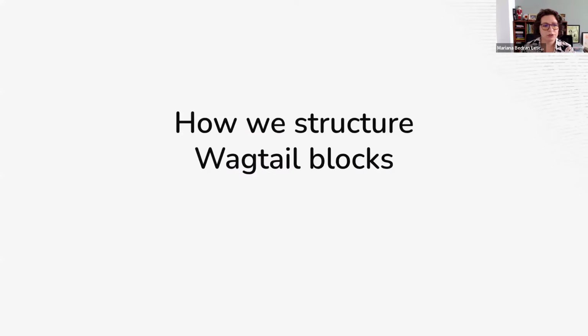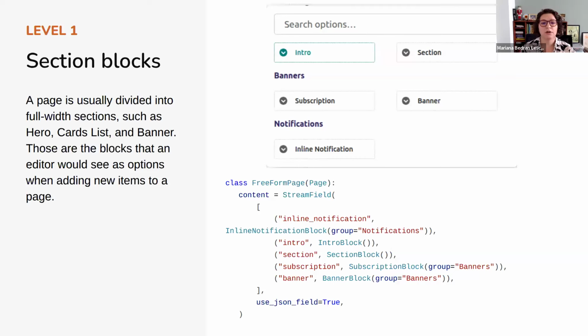So I'm going to talk about refactoring blocks in Wagtail, but first let's talk about how we usually structure our Wagtail websites. We basically split blocks into two categories. The first one is the section level blocks. It's the first level of blocks that you see on a website.